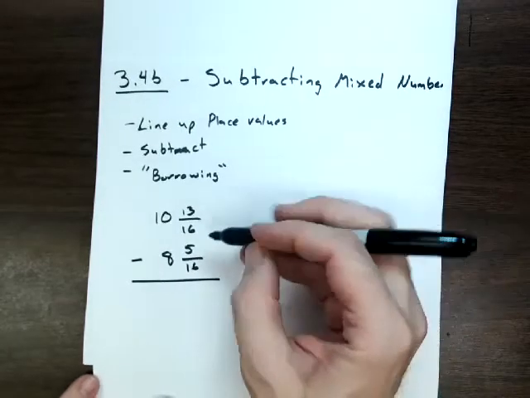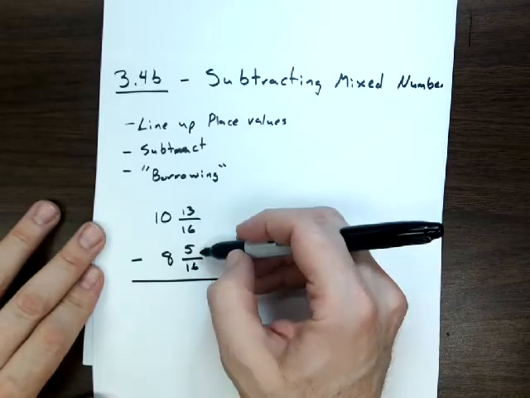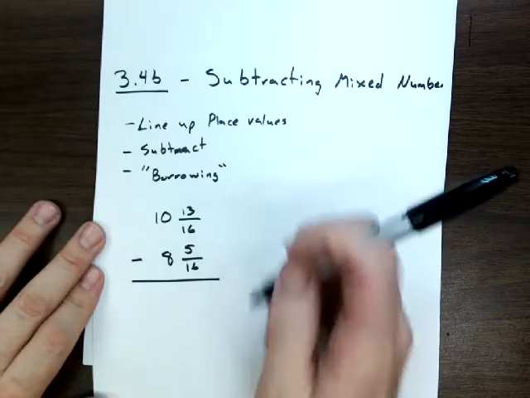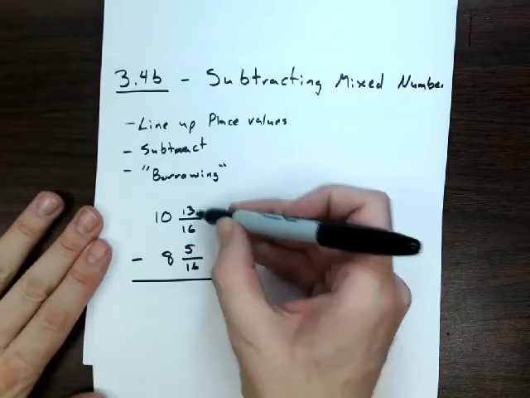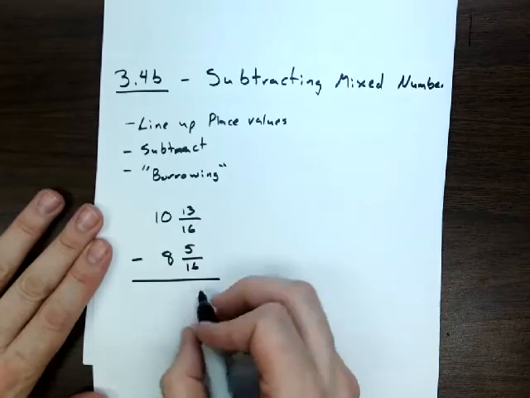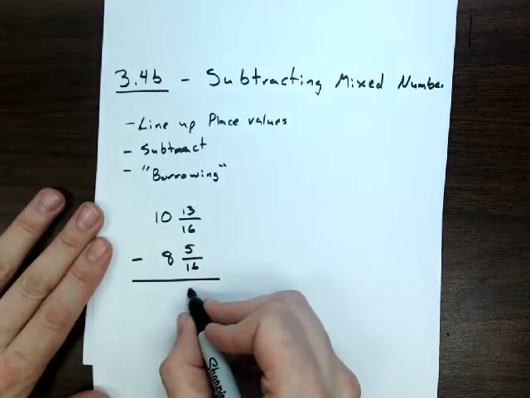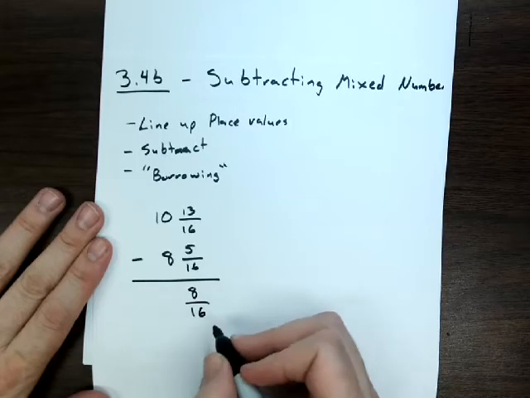I'm just going to go ahead and subtract these two fractions. 13 sixteenths minus 5 sixteenths, I can do that. So what I'm going to do is take that 5 from that 13. 13 minus 5 is going to be 8 sixteenths.